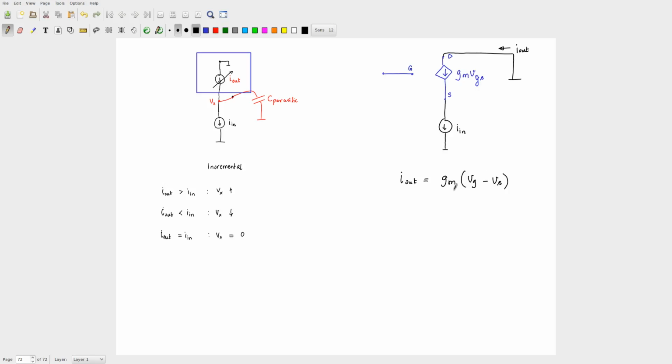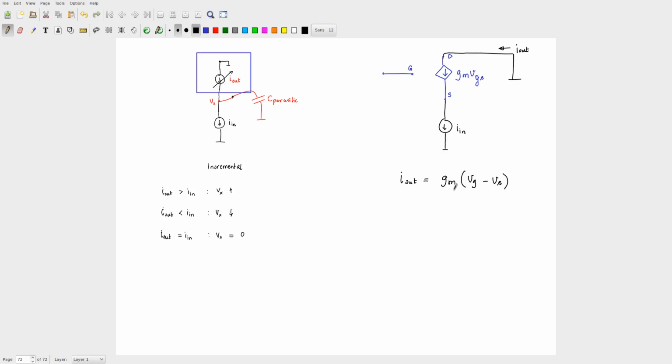No, I out should be that, but this is a feedback loop. When the system is in feedback, Vs will become equal to 0. So what should you put your reference Vg at? No, you're still not getting it. Think. Assume that your gm is also very large. If gm is very large, what's it going to do? If Vg minus Vs is a small positive quantity, then gm very large into that will make a big change in your I out.